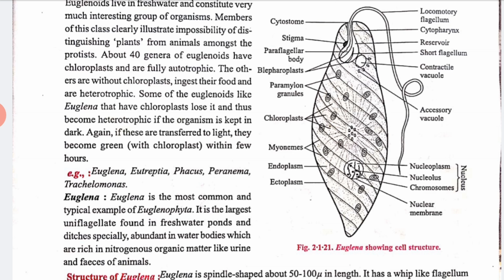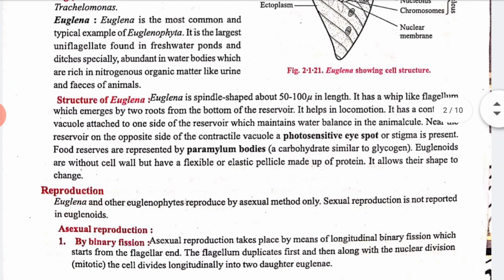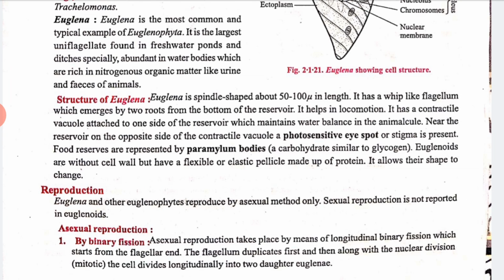A contractile vacuole is attached to one side of the reservoir, which maintains water balance. Near the reservoir, on the opposite side of the contractile vacuole, a photosensitive eye spot, or stigma, is present.